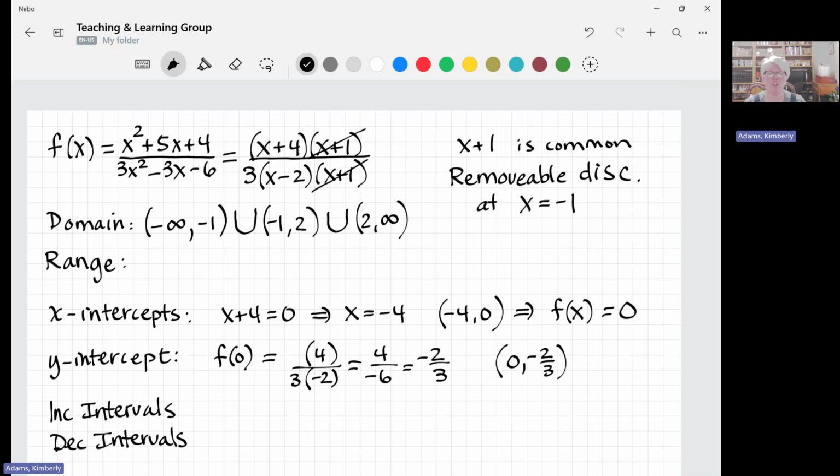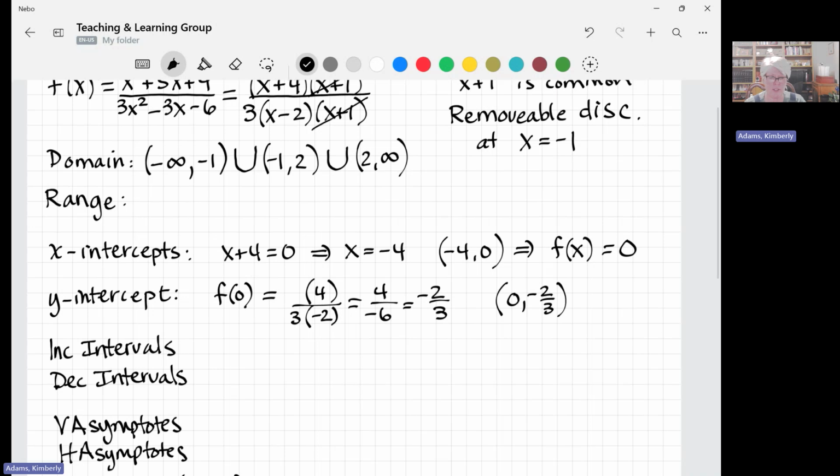So now we're ready to start using calculus to answer some of these questions. Increasing and decreasing intervals are determined by the first derivative. So I want to use the quotient rule to calculate the first derivative.